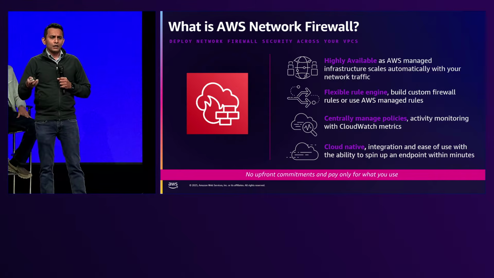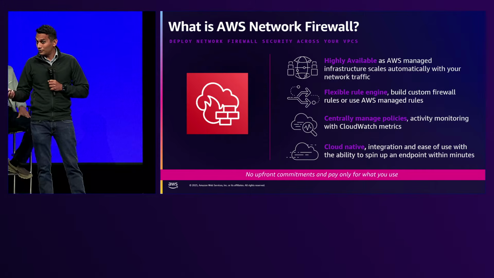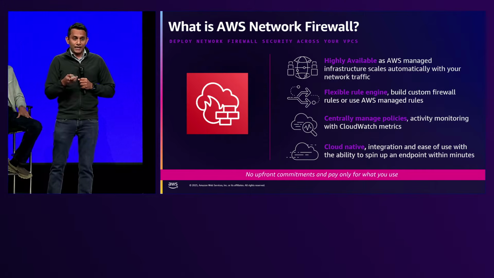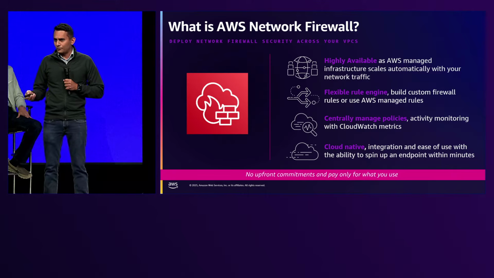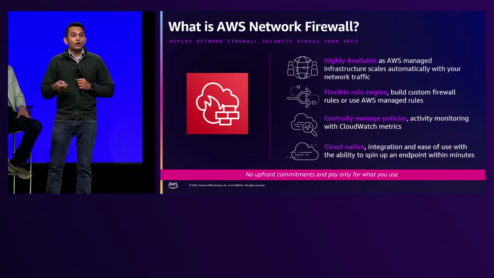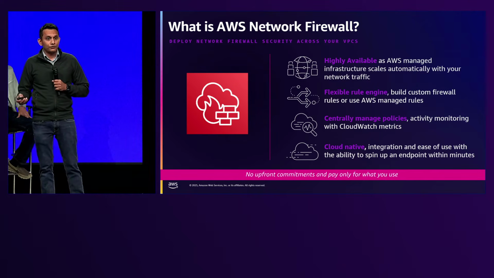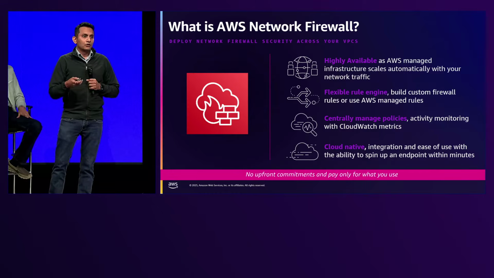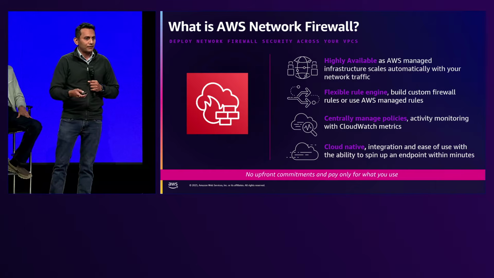Behind the scenes, it supports the Suricata engine, so you can write custom rules to match any traffic characteristics such as packet size or byte match patterns, depending on your use cases. We also offer a fully managed list of domains and threat signatures, which you can use in your firewall policy. So you don't have to manage your own set of bad domains and IP address lists.